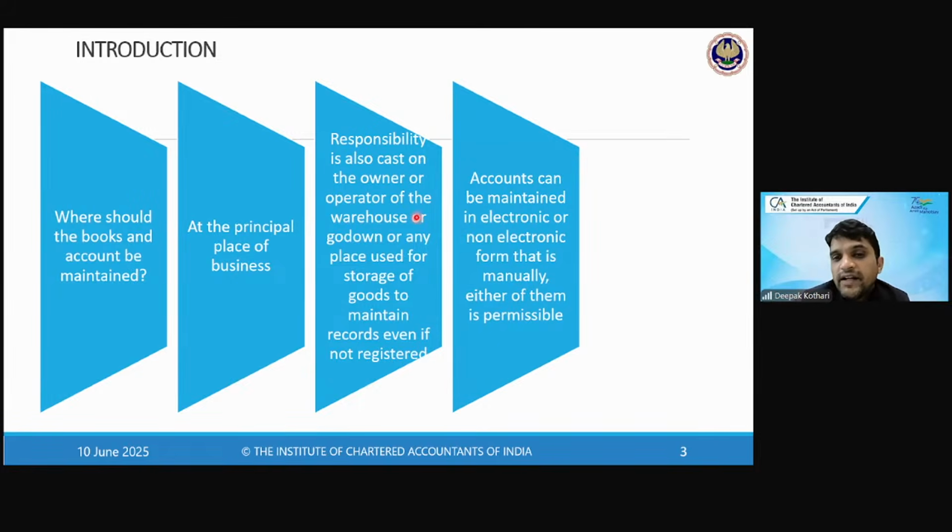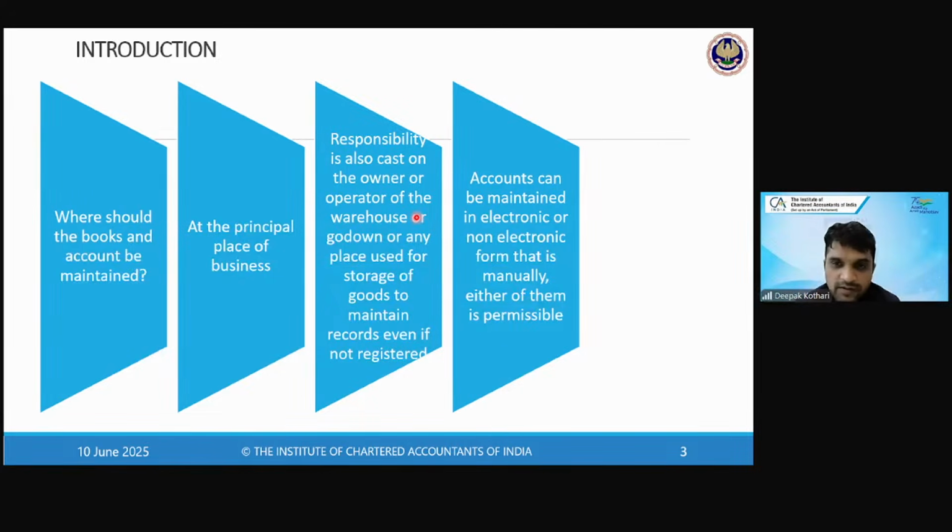And accounts can be maintained in either electronic form or non-electronic form. Of course, there is a threshold of 5 crores or above for raising an e-invoice. But here there is no threshold. One is e-invoicing, that is 5 crores, but for maintaining accounts there is no limit. If you want, you can maintain them manually or in electronic mode.